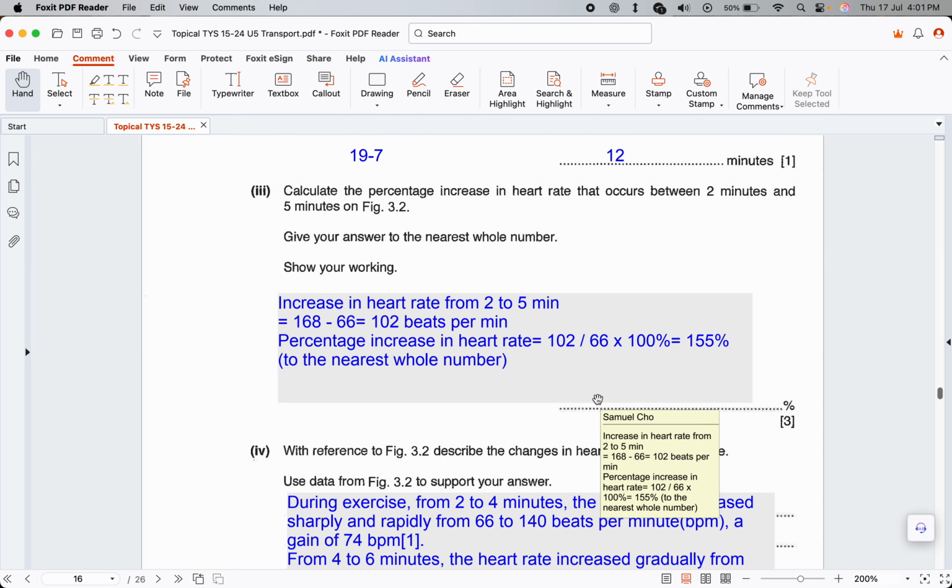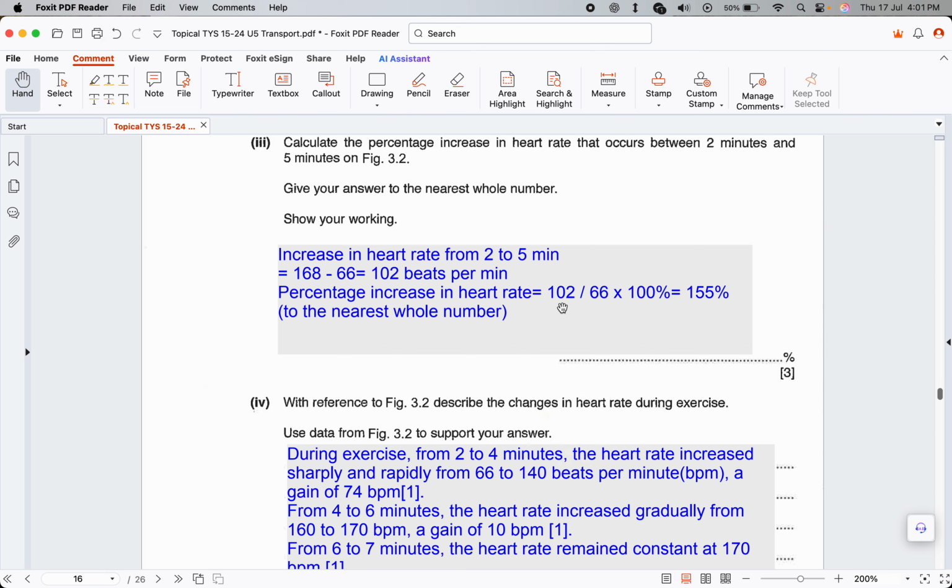So anyway, here we have the answer as 155%, rounded off to the nearest whole number. I think some of us maybe are using your ten-year series book, and they gave the wrong number. The ten-year series answer key was wrong. So it's not 68, it should be 66.